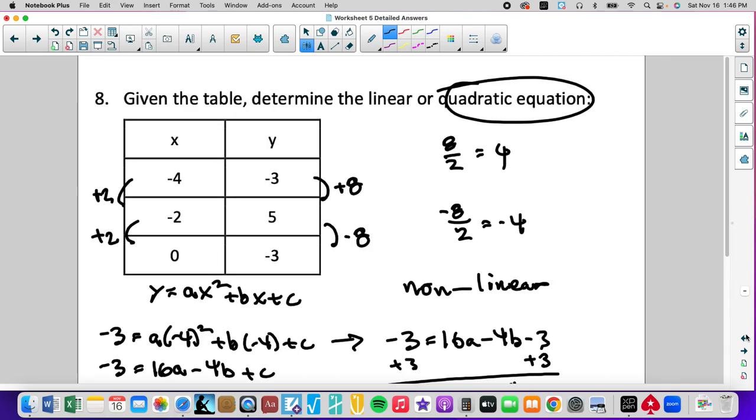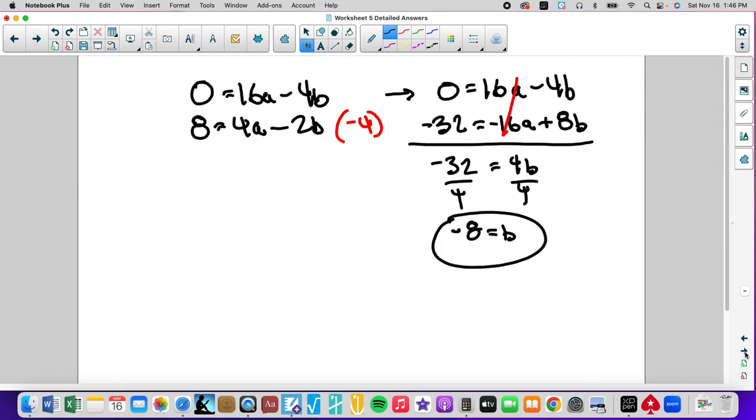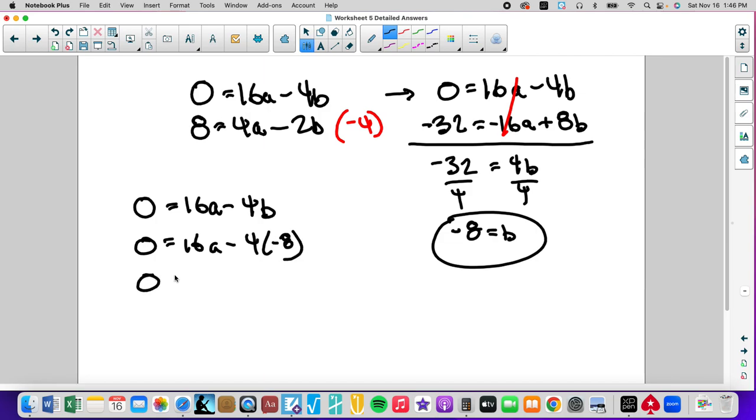Okay, let's transfer that over while we're remembering. -8 equals b. And now let's solve for a, so 0 equals 16a minus 4b, plugging in. 4b is negative 8, so 0 equals 16a plus 32. Subtract 32 from both sides.